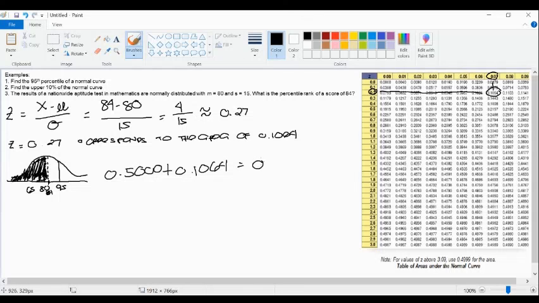Which will give us an answer of 0.6064. Converting this into percentage, that will give us an answer of 60.64%. So, therefore, your shaded region, which is this one, is 60.64%.